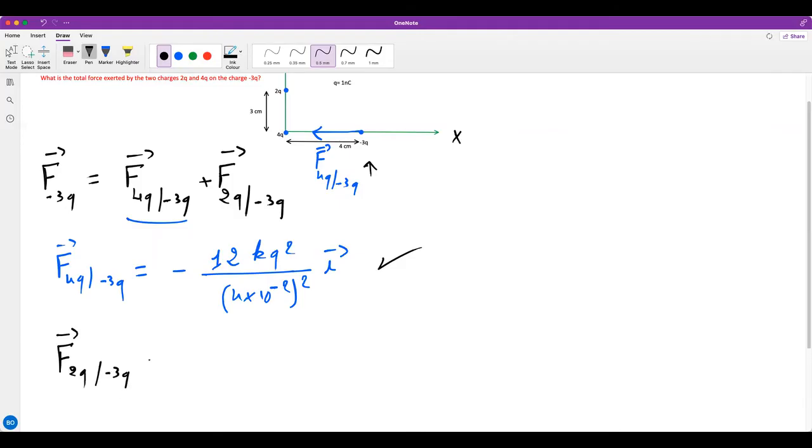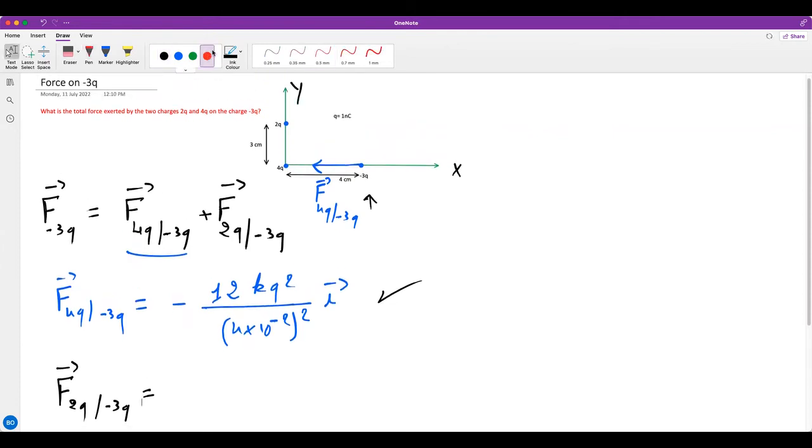You can see that this force has two components. It will go this way. This is the force F, 2q on minus 3q, and it has one component on the y-axis and one component on the x-axis, and we would like to calculate those components.